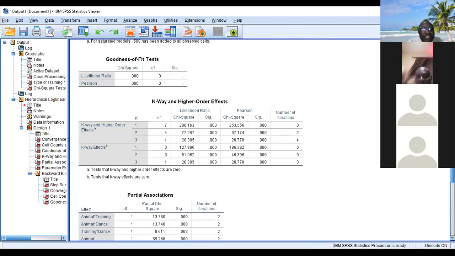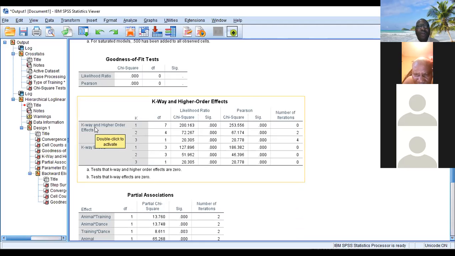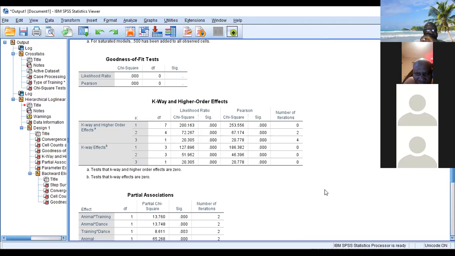You see, the test that K and higher order effects are 0.